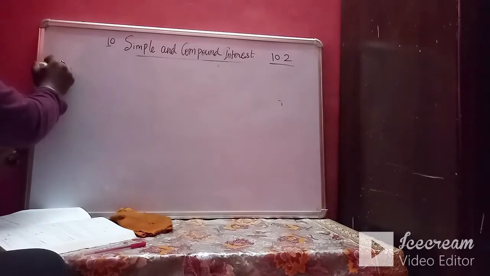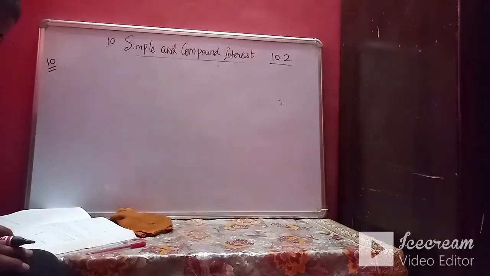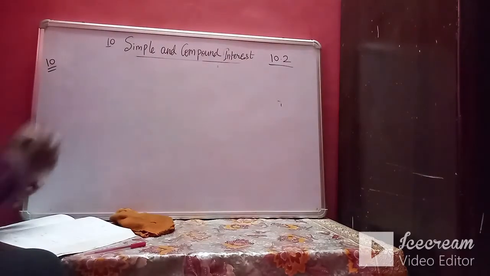So suppose a problem is there. Calculate the amount and compound interest by simple interest method on rupees 4,000.